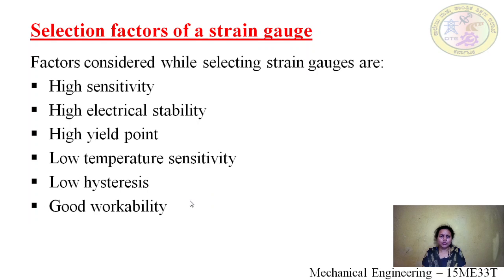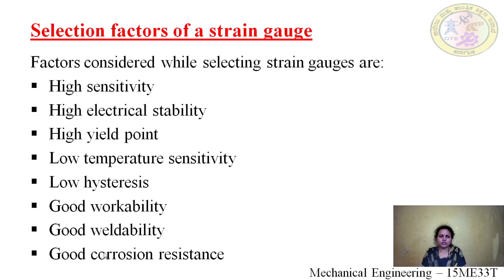It should have good workability and good weldability, so the joining must be good. Next, it should have good corrosion resistance. These are the factors considered for the selection of strain gauge.